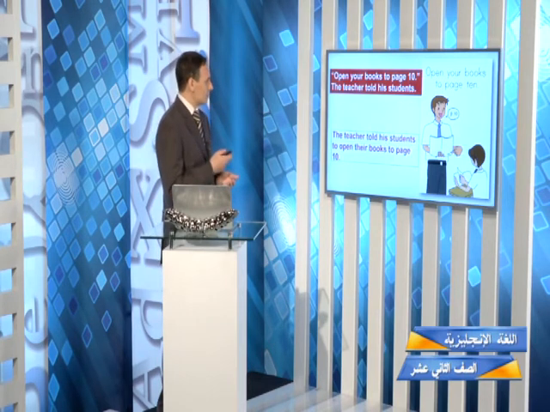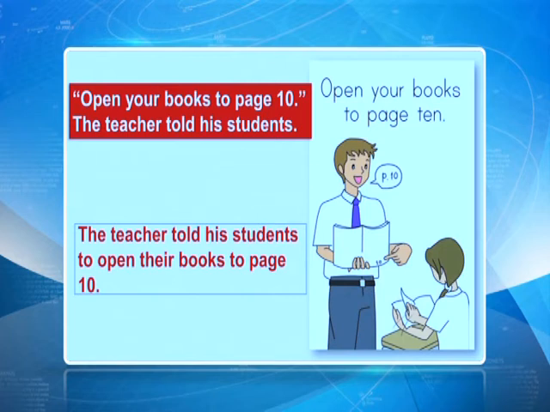And to change it into reported speech, we say the teacher told his students to open their books to page 10. So the teacher told his students is the reporting phrase, and then we use the infinitive instead of the base form of the verb. So instead of saying open, we say to open their books to page 10.